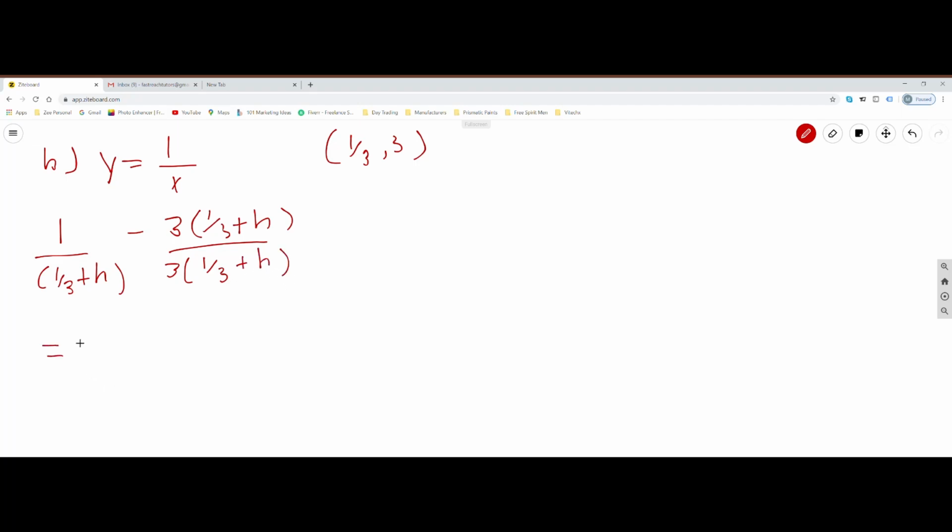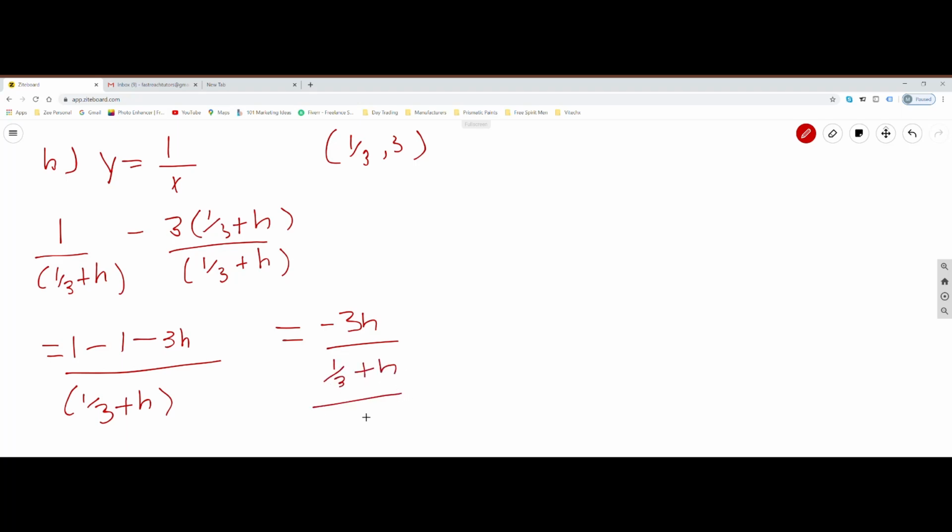So you get 1 minus 1 minus 3h over... I don't know how we got that. So it's 1 over 3 plus h equals -3h over 1 over 3 plus h over h.